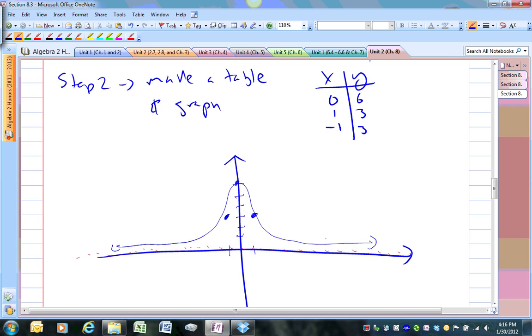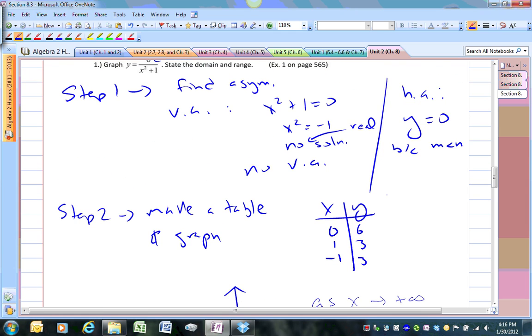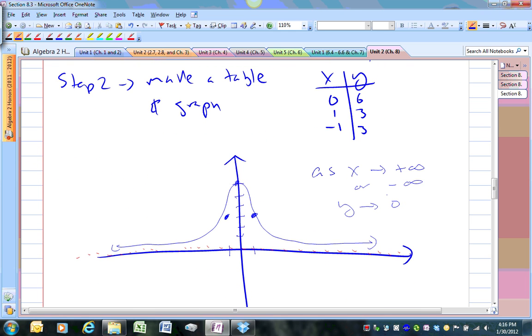And the reason why that's the case is because of the end behavior asymptotes. As x approaches positive infinity or negative infinity, y is basically approaching 0 because of your horizontal asymptote. So we need to make sure they go against the asymptotes. That's basically how we graph it.